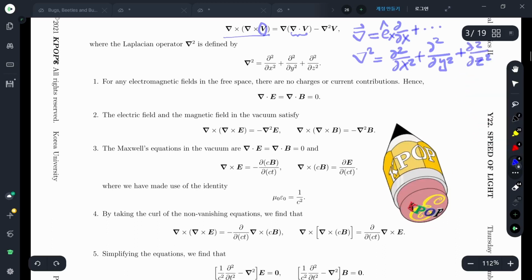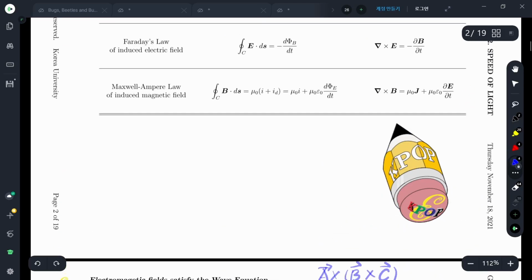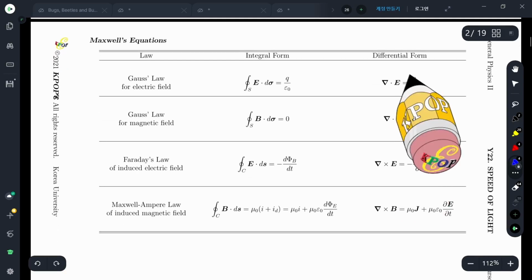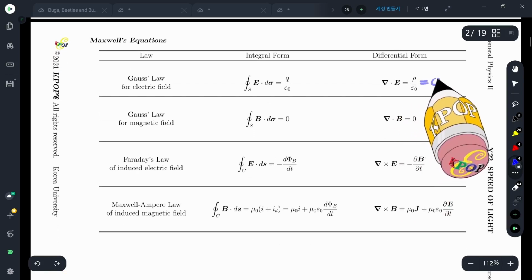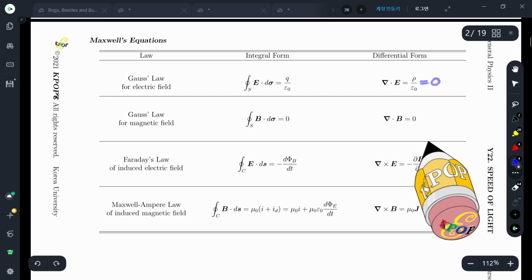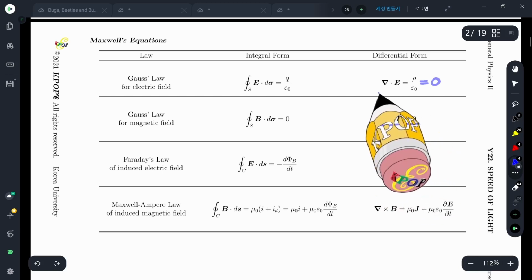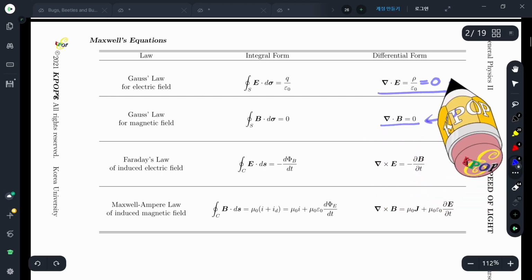That is the Laplacian. We recall that in vacuum, the divergence of the electric field and the divergence of the magnetic field both vanish.